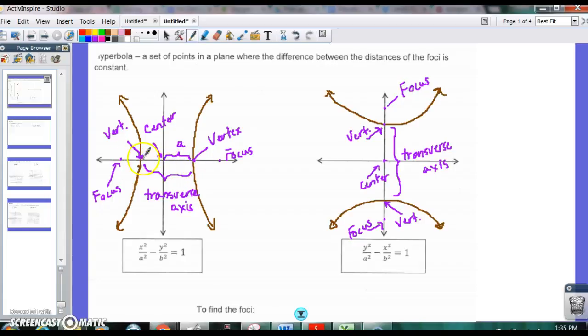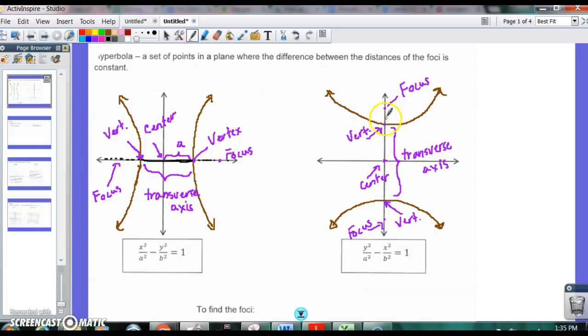I don't want to say it's perpendicular, but it's kind of perpendicular to the arms of the hyperbola. I'm using that term perpendicular loosely, but it kind of has that appearance. So your transverse axis is this piece right here in black. That's your transverse axis, and it does continue on either side, but that's the most important part of it.